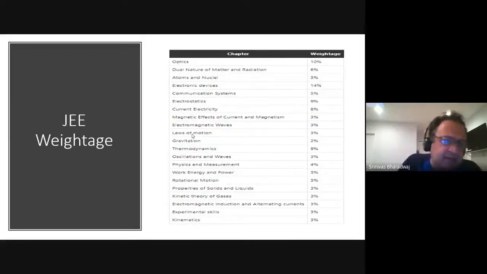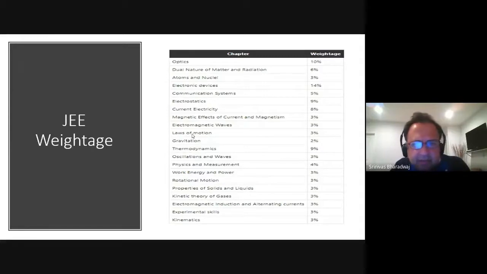Now JEE has a very similar weightage as I explained last time. You have about one third going. If you see here, actually JEE is a little bit less, surprisingly enough. Kinematics, rotational motion, work power energy, physics and measurement, laws of motion, gravitation, they all have little bits.